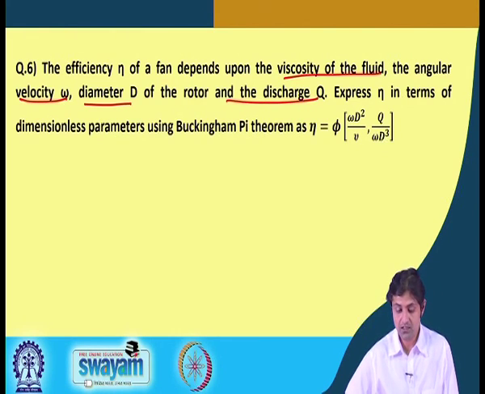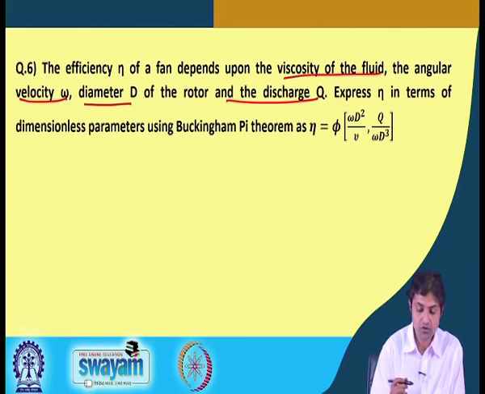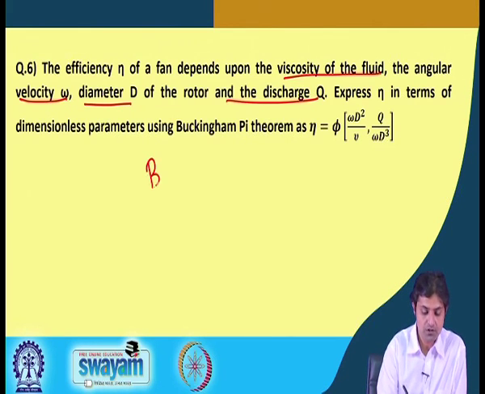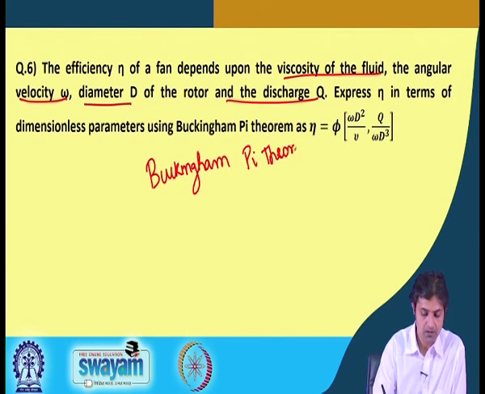Express eta in terms of dimensionless parameters using Buckingham pi theorem as eta is a function of omega d square by nu, q by omega d cube. Okay. So, here also we are going to use Buckingham pi theorem.